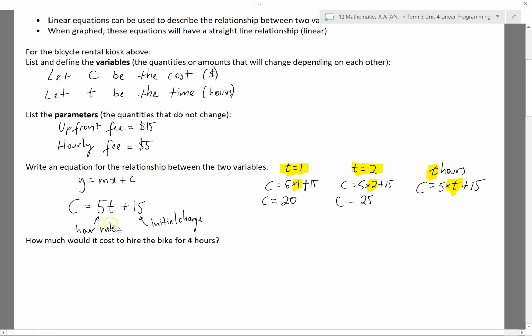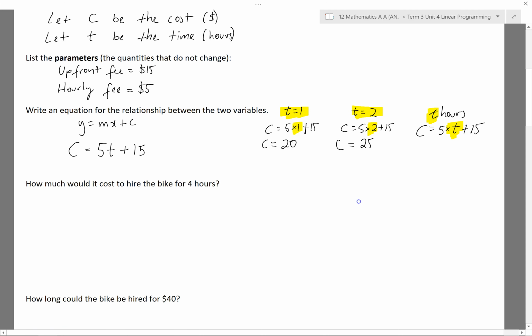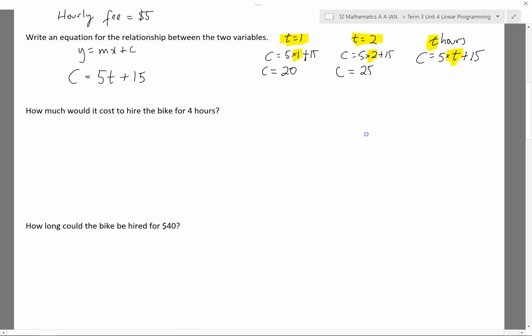So once we have this equation written, and we know the relationship between the two variables, we can answer some of these sorts of questions. So for example, how much would it cost to hire the bike for 4 hours? What this is really asking me is find the cost C when the time is 4 hours.